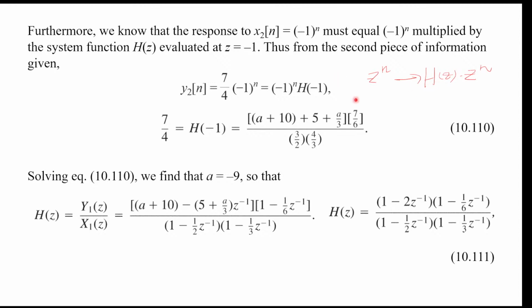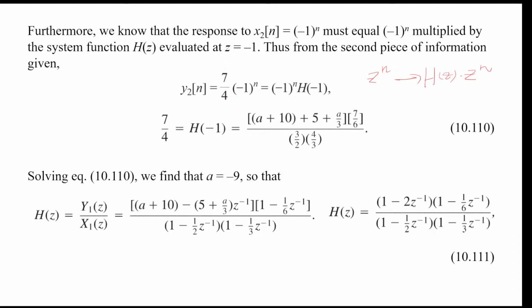And so we see that this y2 of n equal to 7 over 4 times minus 1 to the n is exactly this eigenfunction equation with h of z equal to 7 over 4 and x of n equal to minus 1 to the n. And so we know this 7 over 4 is h of z with z equal to minus 1.